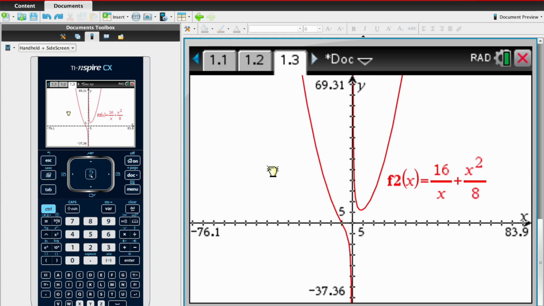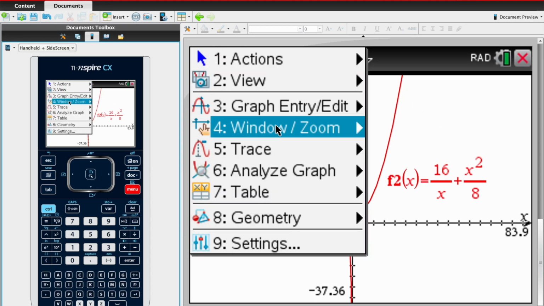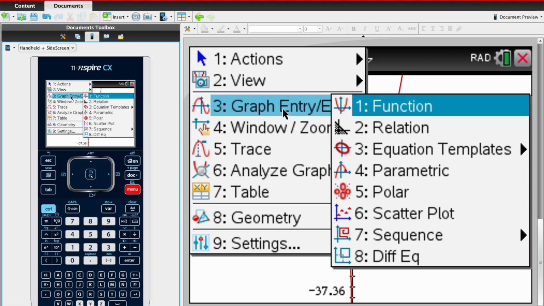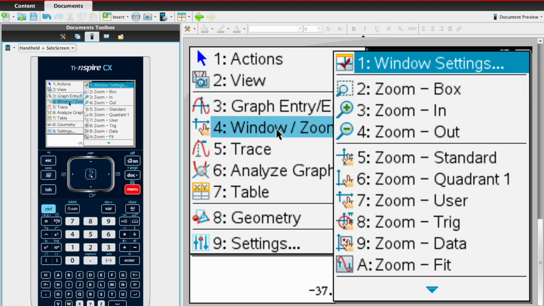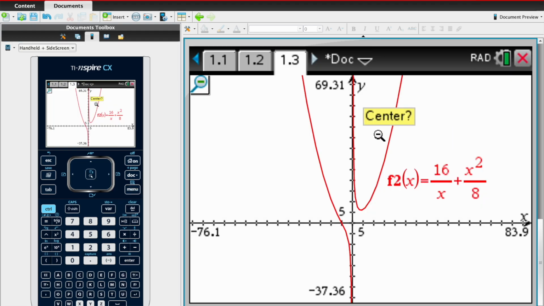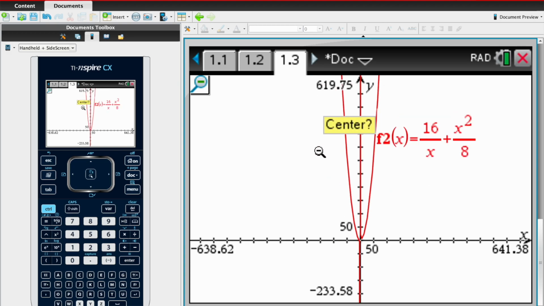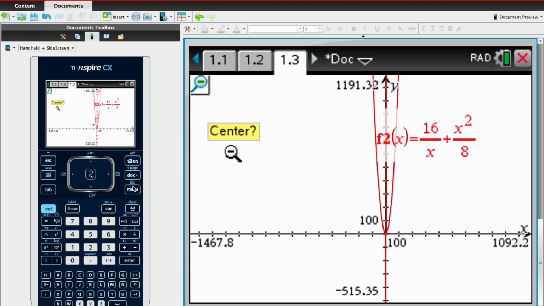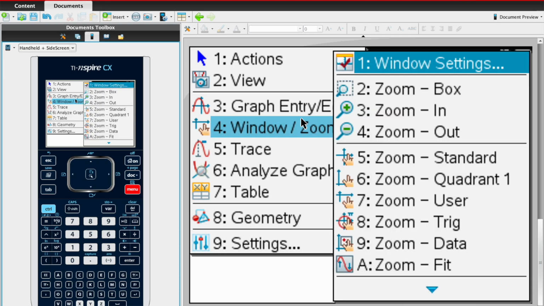This was our zoomed in portion, and we see it's going down here, and then it goes all the way down to negative infinity, goes to positive infinity, and then it goes up. We're not really sure what happens after that, so let's zoom out. Let's go ahead, window zoom, let's zoom out, and then we can see it's actually more or less like a quadratic. So window, zoom fit.